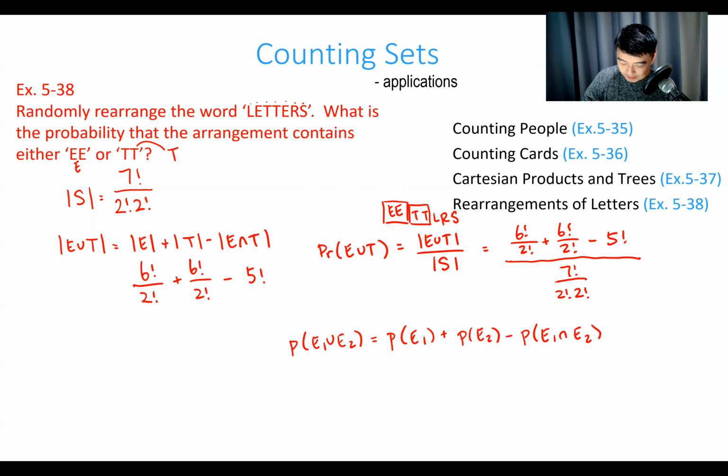So you see how here, if you take a look at this equation that we had, we can actually split the 7 factorial over 2 factorial over 2 factorial into each of the individual denominators. Okay, so that is going to correspond to the probability of E plus the probability of T minus the probability of both.